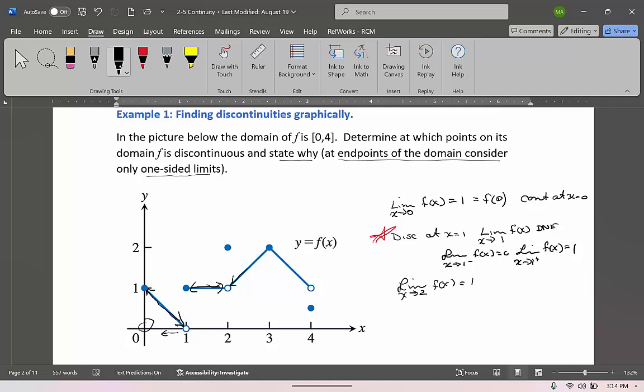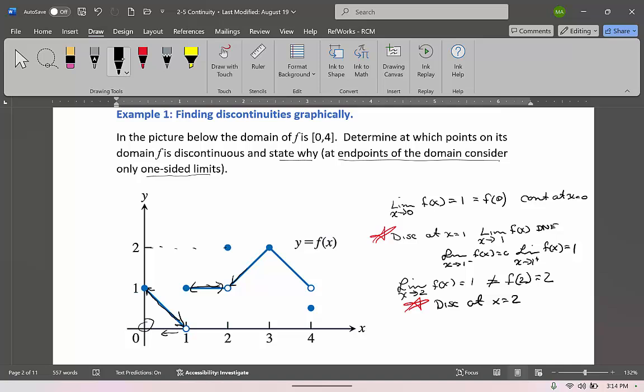But the problem is that it's not equal to f of 2, because f of 2 here is defined to be 2. So the limit exists, the function is defined, but those two things are not equal. So we have a discontinuity at x equals 2.